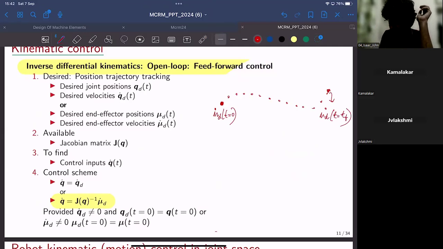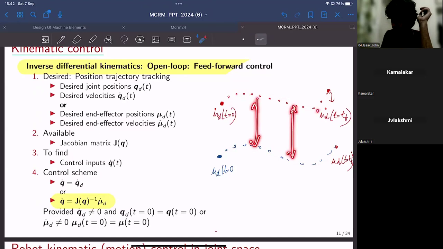And if your actual position is somewhere else, mu desired at t equal to 0 is somewhere else, based on this control law, the robot will track a similar path compared to the desired path. There's an S-shaped curve here. So based on the robot's properties, it will also trace a similar curve like this, mu desired from t to tf. But there is always going to be an offset between the desired and actual path.